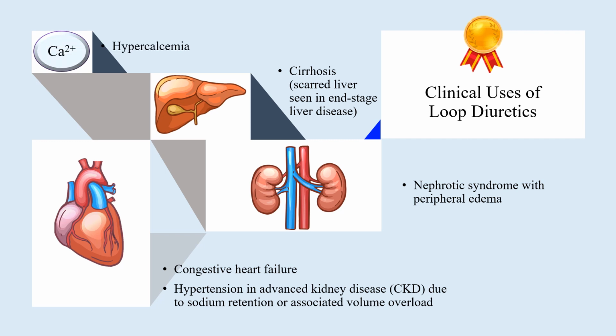Recall, blocking NKCC leads to reduced paracellular calcium reabsorption at the thick ascending limb of Henle loop. However, if loop diuretic is used for the sole purpose of alleviating hypercalcemia, watch out for hypovolemia, because loop diuretic is a potent diuretic.